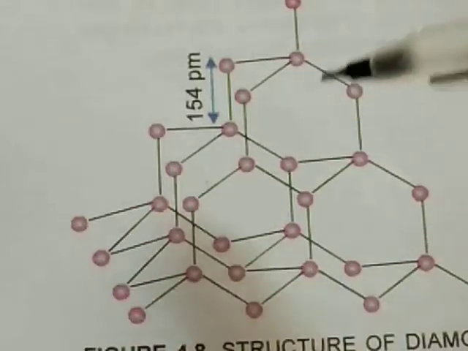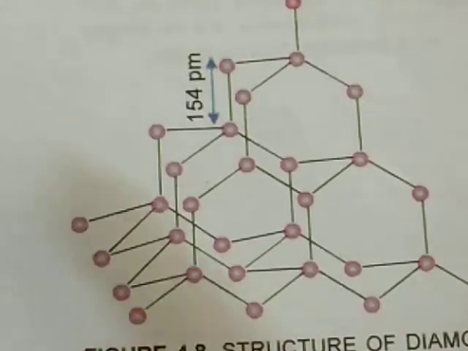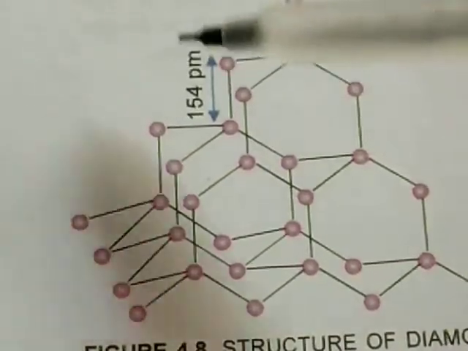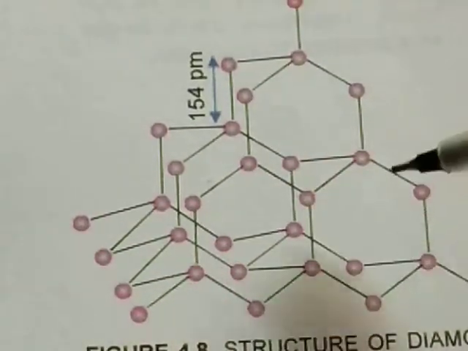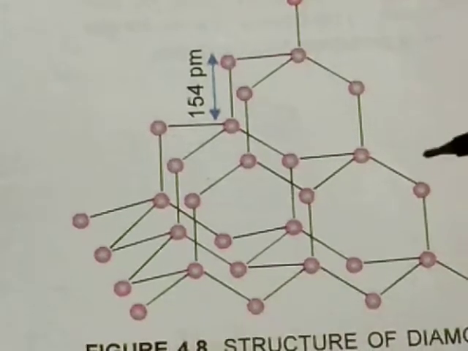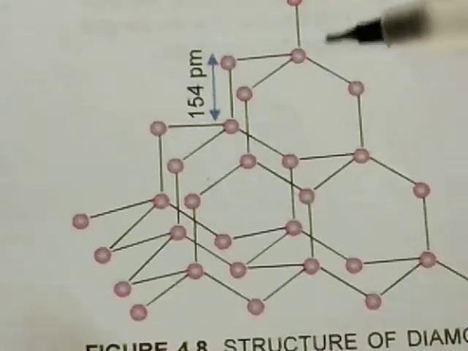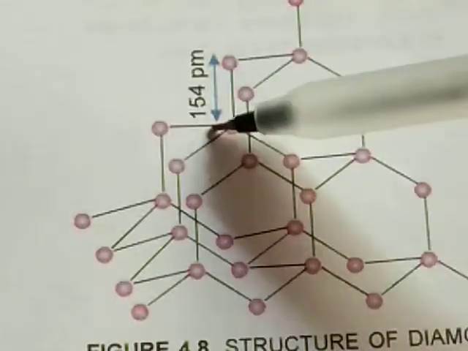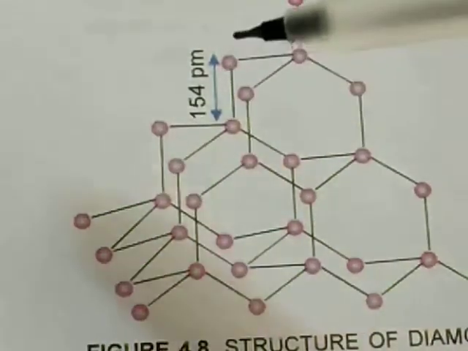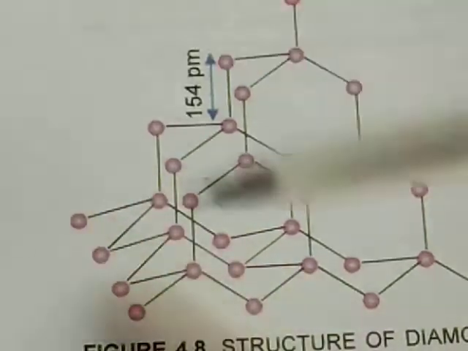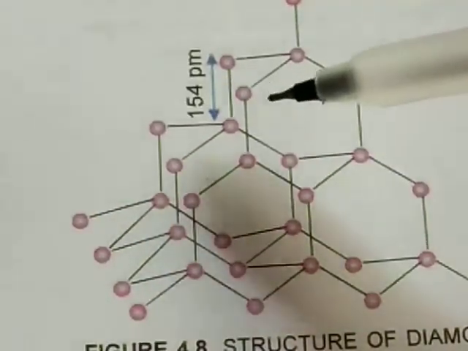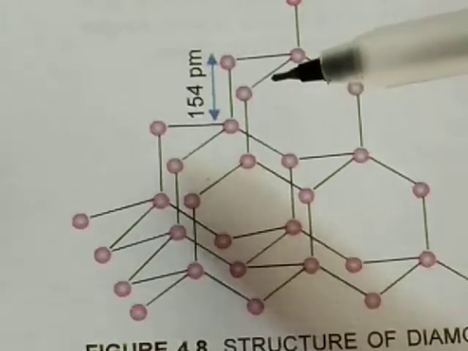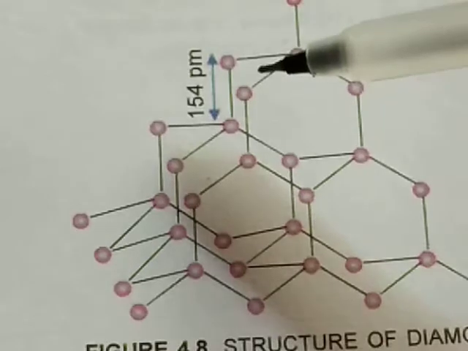In diamond, each carbon atom is linked to 4 other carbon atoms by covalent bonds. So this is the three-dimensional structure. Each carbon-carbon bond length is 154 picometer. Carbon atoms in diamond are very closely packed in space, and it is very hard and it has a high melting point.